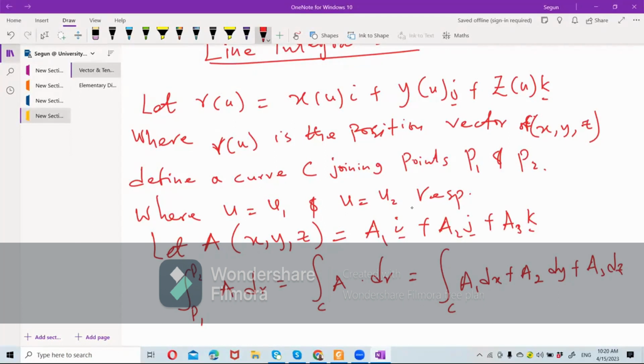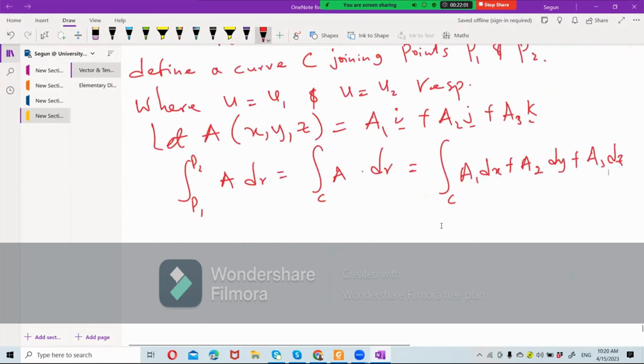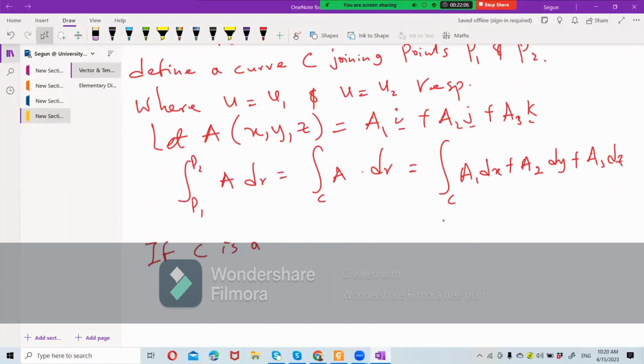Remember, this is from the knowledge of vectors that we are talking about in space. So, what does it mean if C is a closed curve?